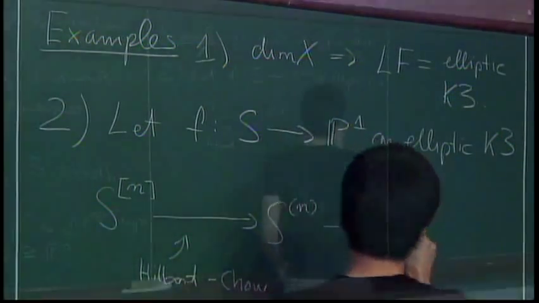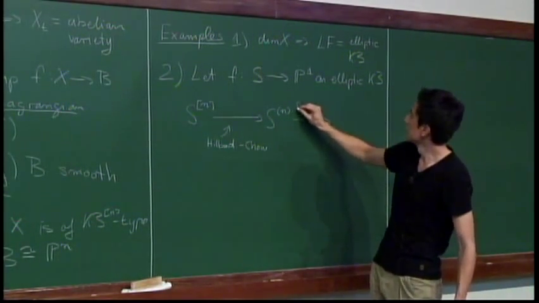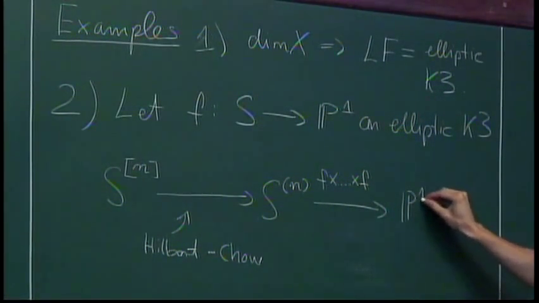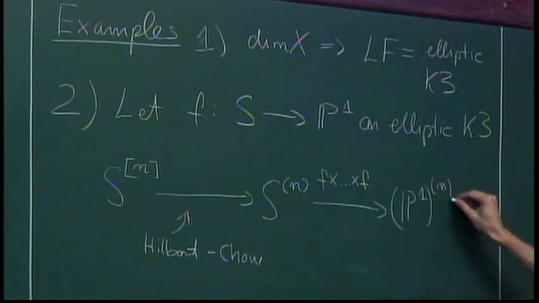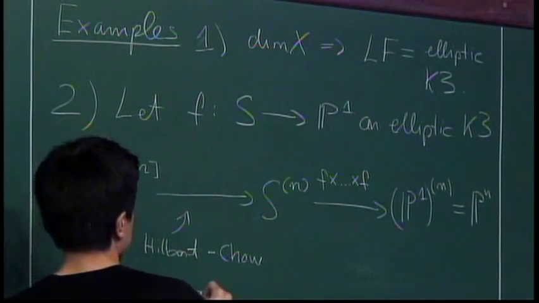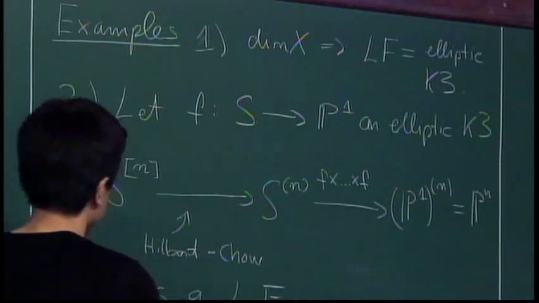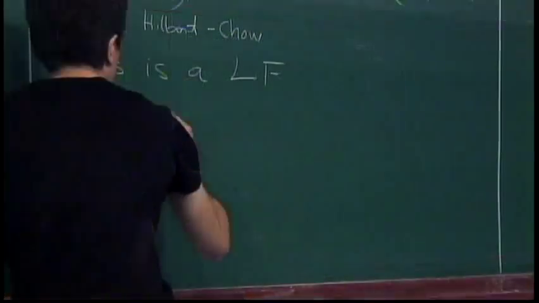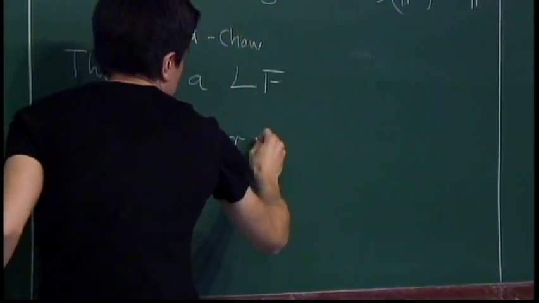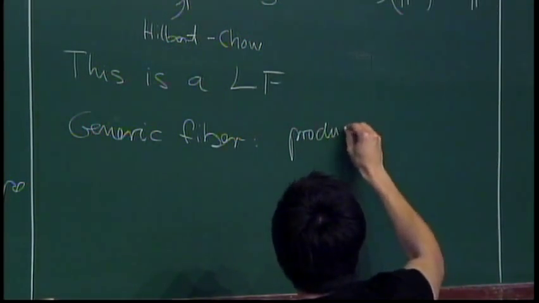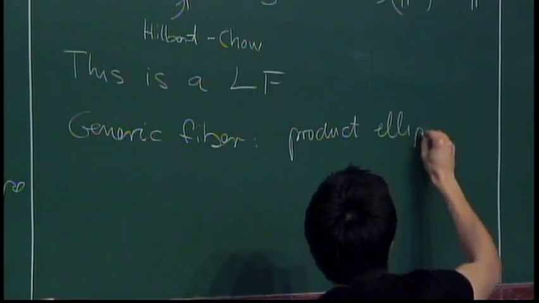And here you just take f times the map f to the n-symmetric product of the P^1. But this is well known, this is just P^n. So this is a Lagrangian fibration. And the generic fiber is a product of elliptic curves coming from the elliptic K3.